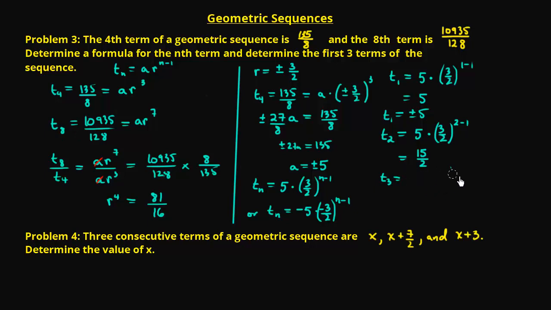So this is where the recursive formula comes into play. We know that for a geometric sequence, the nth term is just the previous term multiplied by the common ratio. So t sub 3 is going to be equal to t sub 2 times r, which is equal to 15 over 2 times 3 halves, which is equal to 45 over 4.